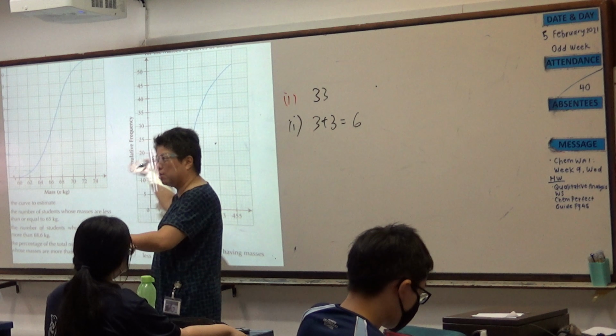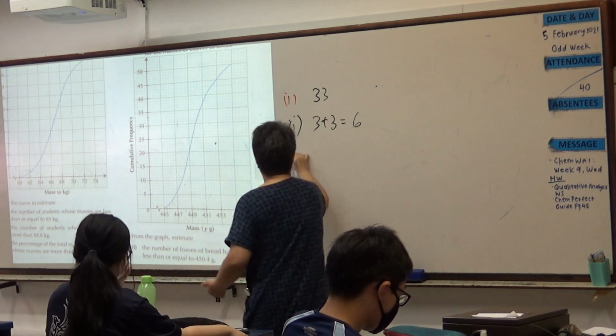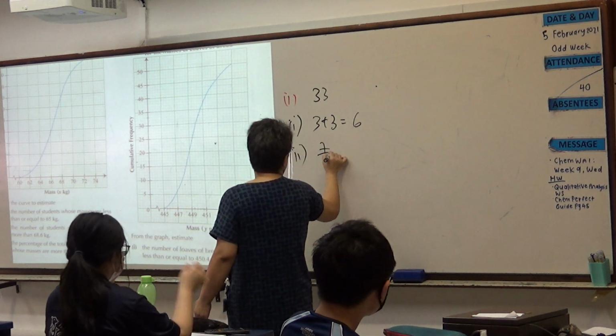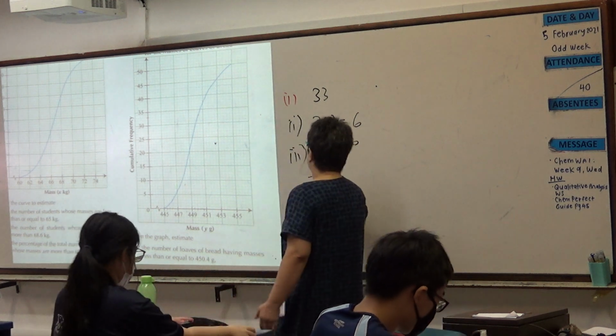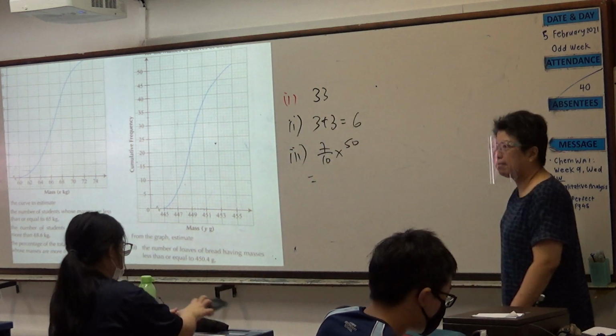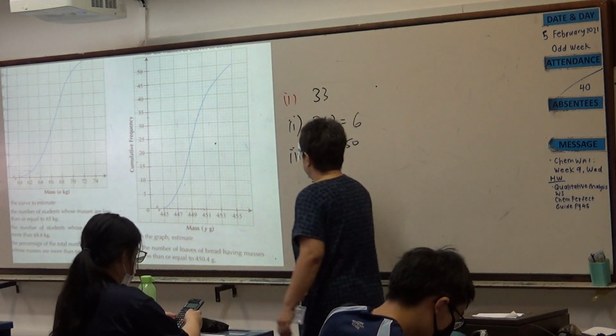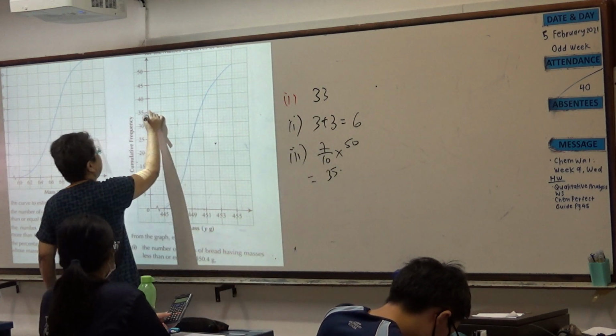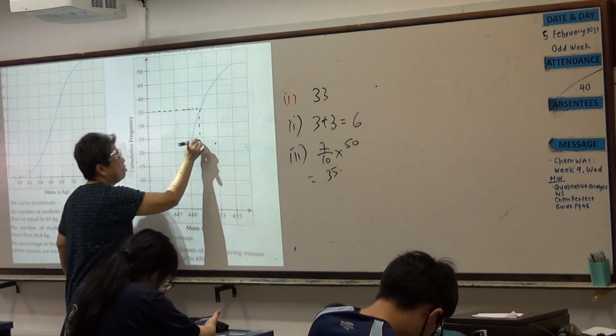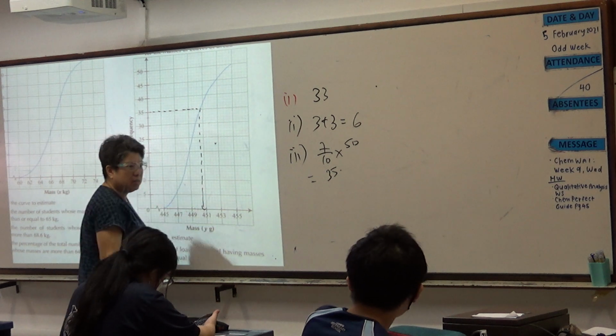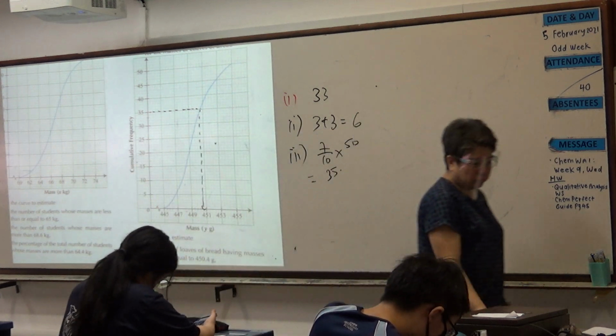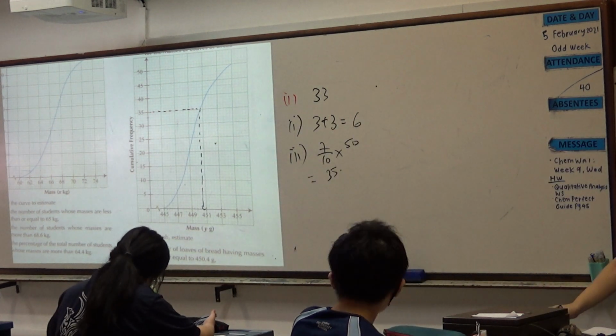The more than is over that side. So you must go and find 7/10 times 50. What's the number? 35, right? All of you go and read 35 here, and then you note down. What is this value for x?